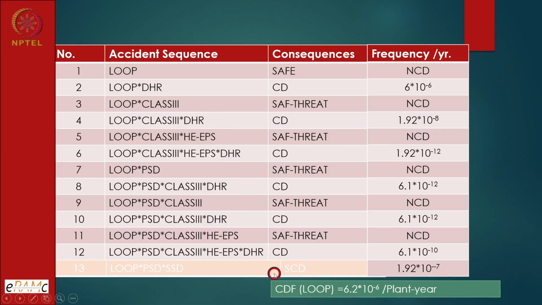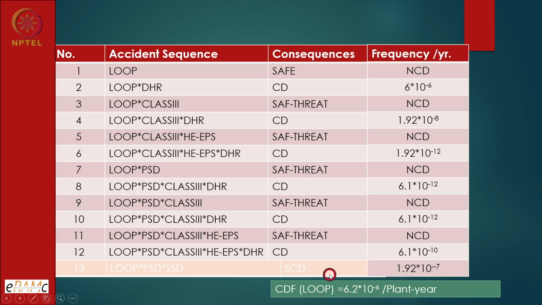And now we got the core damage frequency, because of the things which are failing in an unsafe manner. Safety, threat, safe is okay, we'll avoid, and core damage. So CD is the core damage. Core damage means some damage is occurring because of these events, accident sequences. So all CD values will be added up.